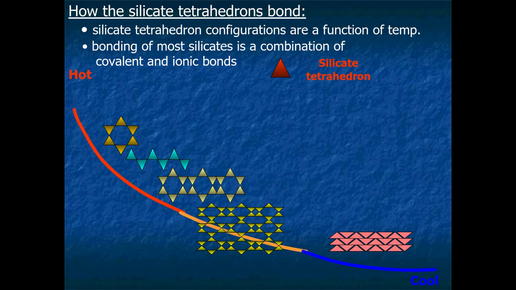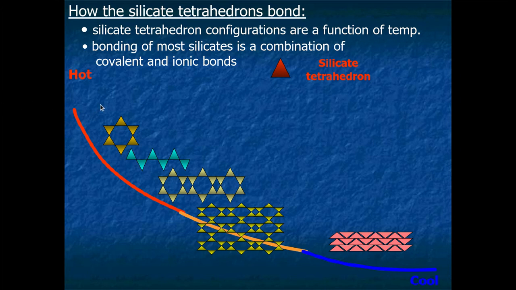And when rocks are melted to 2000 degrees, we produce magma. And magma has all of the common elements that we talked about earlier. And as we cool that magma down, as the magma cools slower and slower, then the silica tetrahedrons will rearrange themselves into a particular crystalline structure dependent on that temperature.